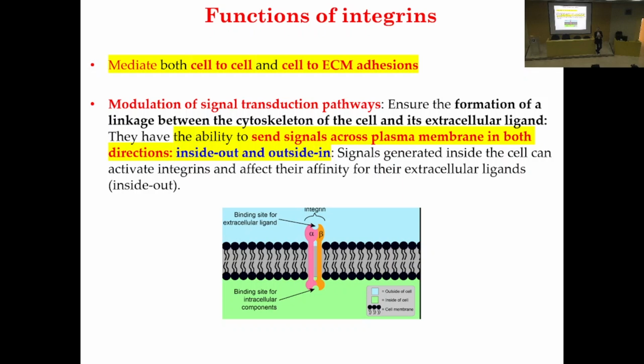All right, so what does inside out and outside in signaling mean? Imagine your integrins are a kind of receptors. What will they receive? Signals, right? They will receive or attach a ligand, like for example antibody and antigen.